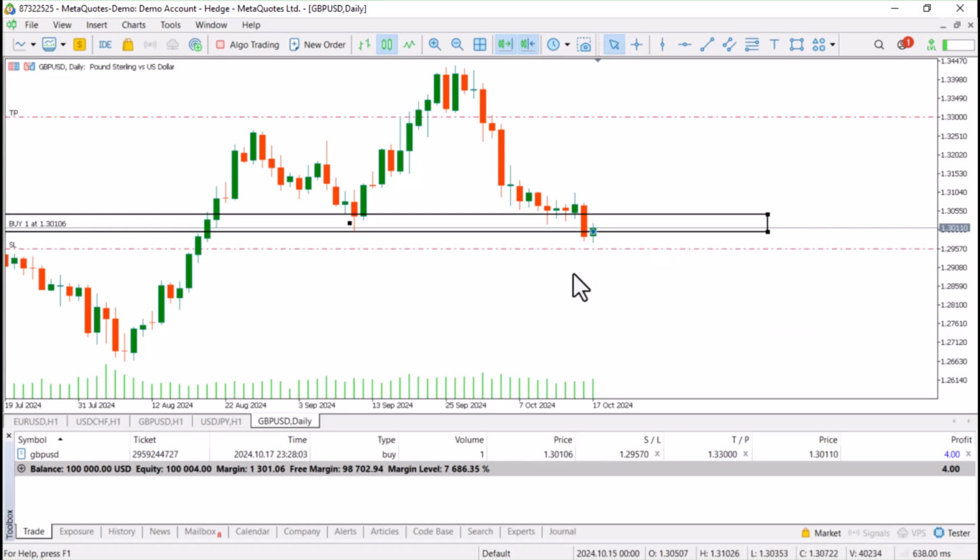Now, we executed a trade right here for a buy, and we placed our stop loss at 1.29570. What we are seeing right here is that our stop loss to our entry level is minus 53, and our profit is minus $536.